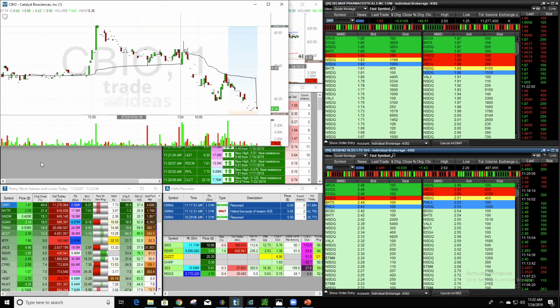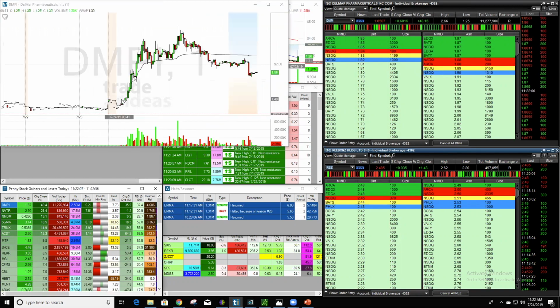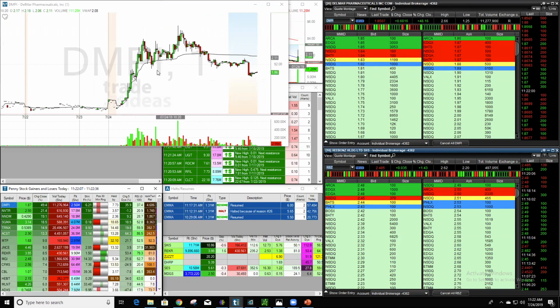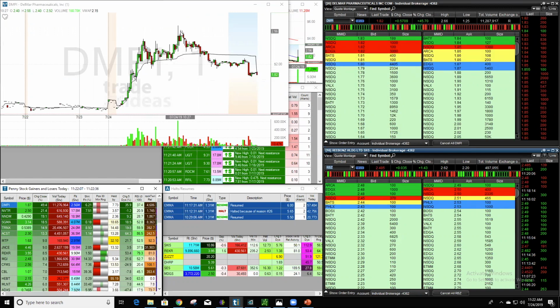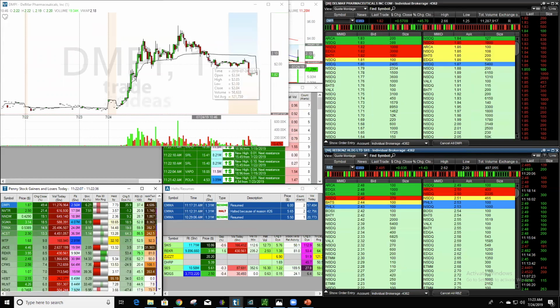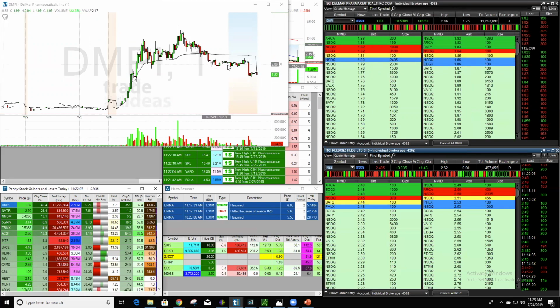So if we're looking back at DMPI, what can we see? This black line, what are we looking at? We're bullish, which means we're long. We can buy. We can hold. We just went from bullish to now bearish. Now we're on the bottom side of the chart. Now we're seeing selling. People are getting out of this play.